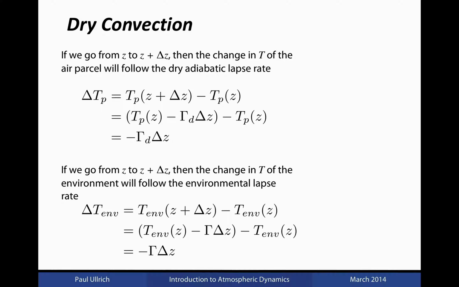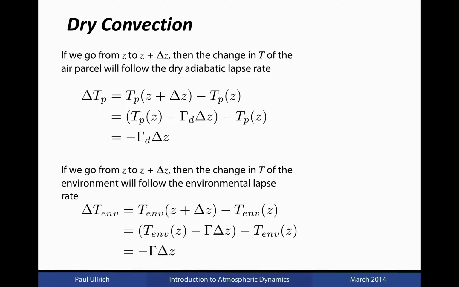Okay, now let's consider the temperature difference in the fluid parcel and the temperature difference in the surrounding environment. The fluid parcel undergoes dry adiabatic motion, and consequently, its change of temperature with altitude is governed by the dry adiabatic lapse rate. So the change in temperature of a fluid parcel then will be given by negative gamma sub d delta z.